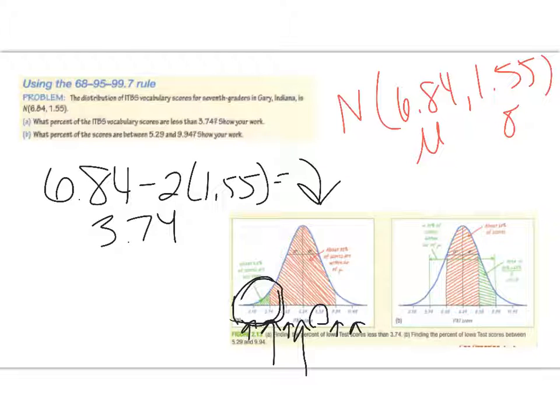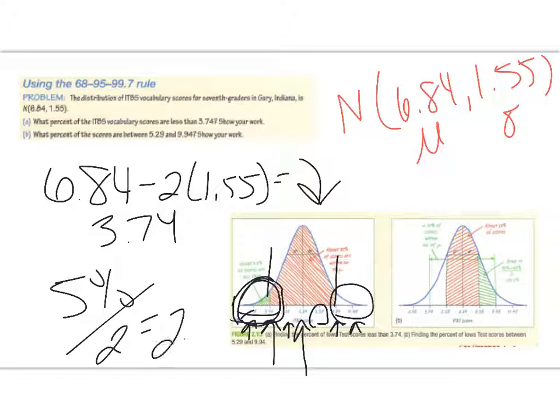So again, I've got my area under my curve is equal to 1. 95% of my data points fall between here and here. Okay, so what I have left over is 5% between this tail and the right-hand tail, but I only want one of those 2 tails, so when I divide by 2, I get 2.5%.